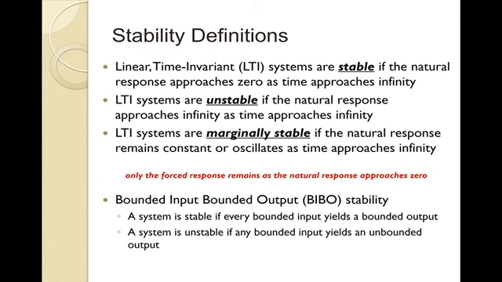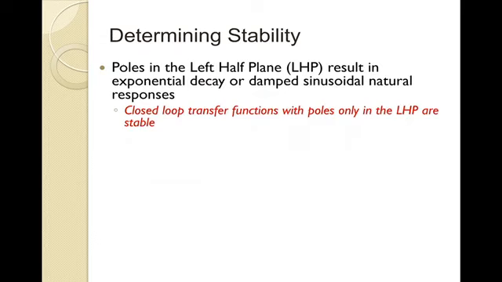So if the input is bounded in some way, shape, or form, the output remains bounded as well. They don't blow up to infinity. So that's going to be our definition of stability. A system is unstable from a BIBO sense if you have a bounded input, but the output grows without any bounds. It's another way of thinking about our previous definitions.